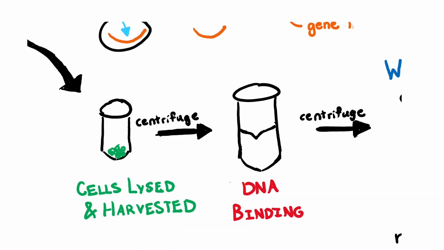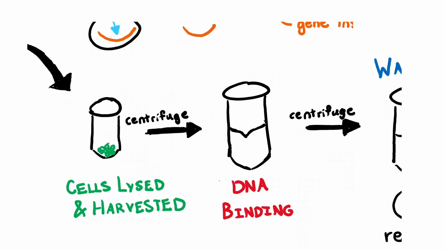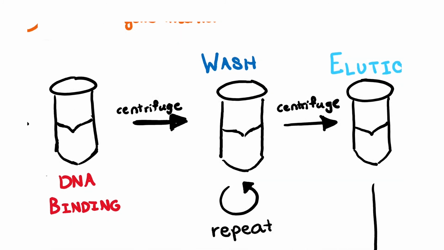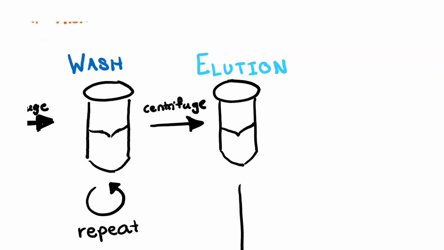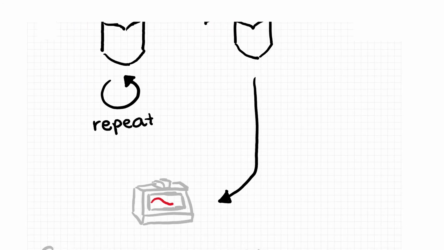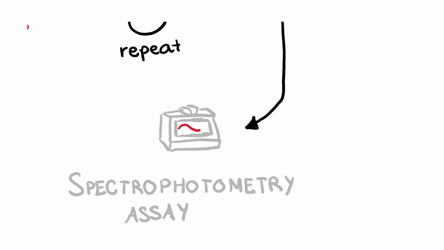This allows us to wash away other parts and the DNA to be bound to a silica column for us to extract later on. Then we wash it multiple times, and at the end, they are eluted, which allows plasmid DNA to be ready for transfection. Now we can quantify this using a spectrophotometer, which allows us to see how much plasmid DNA is produced.